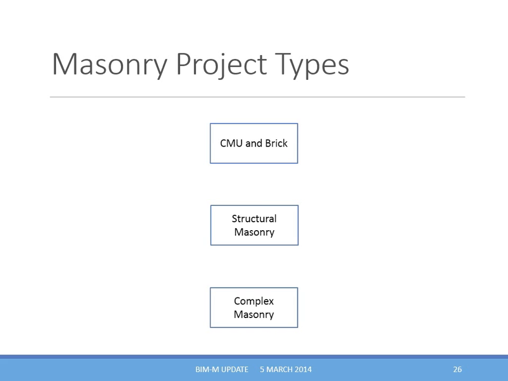But as you start to dig into this a little bit, you start to ask yourself some questions like, well, okay, if we enable BIM, it's going to improve our processes, but masonry project with lots and lots of different types of units on it, or is it a structural masonry project with all of those kinds of constraints, or is it your kind of typical CMU and brick project?